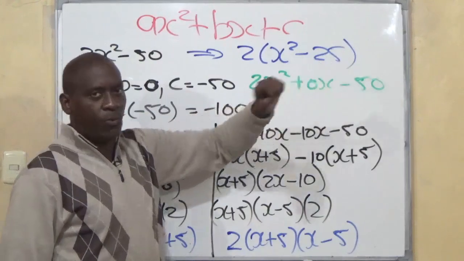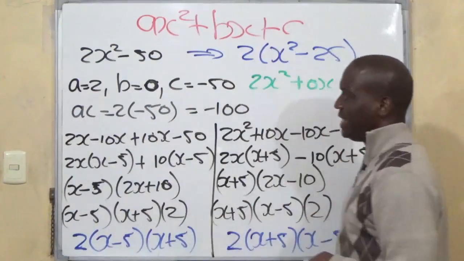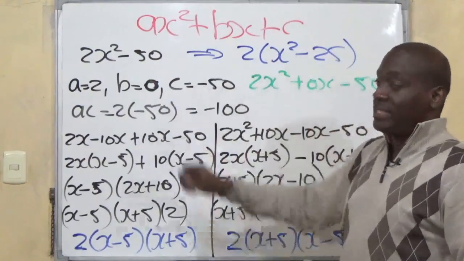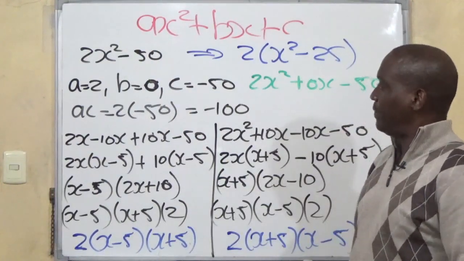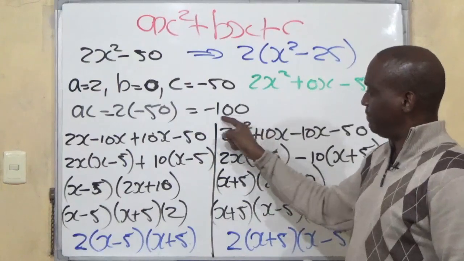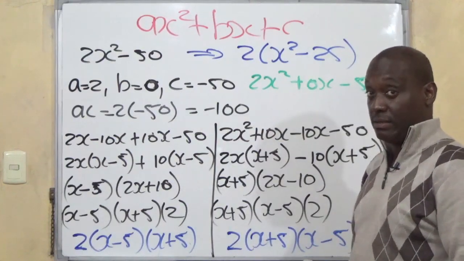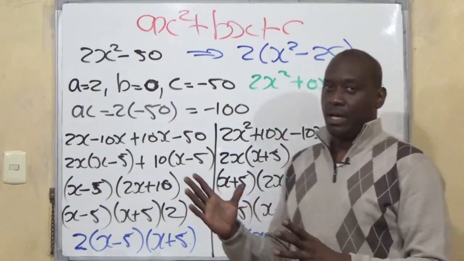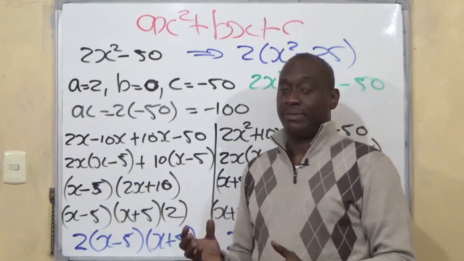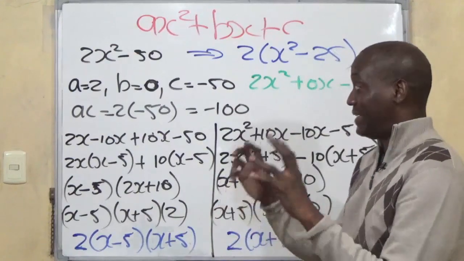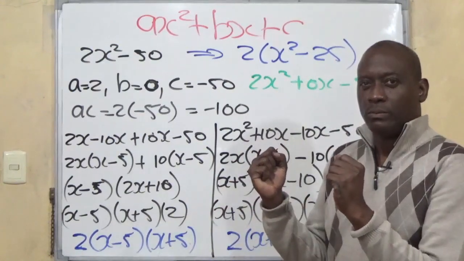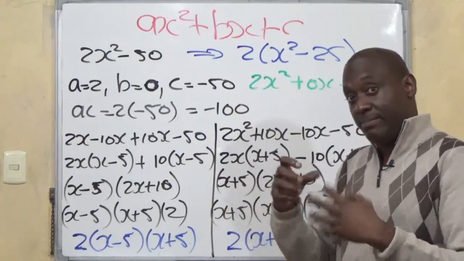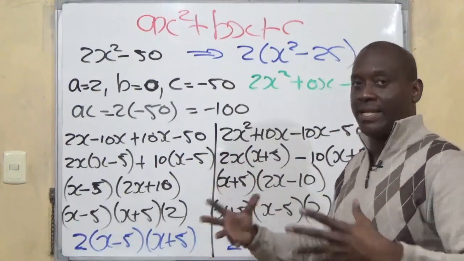However, when we try to impose the AC method on this situation, where b is equal to 0, because you had a negative AC here, you were able to get two factors, a positive multiplied by a negative, that would add to give you 0. Once they had the same magnitude, minus 10 and plus 10, you add those two together and you get 0.